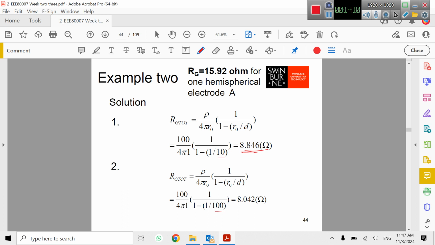So for me, it means that after a few meters, which is 5 times R0, or up to you if you want to see practically more than 10 meters, the RG total saturates. And even if you increase it from 100 to 1000 meters, which means 1 kilometer, it is not reducing more than 7, it reached 7.9 something.